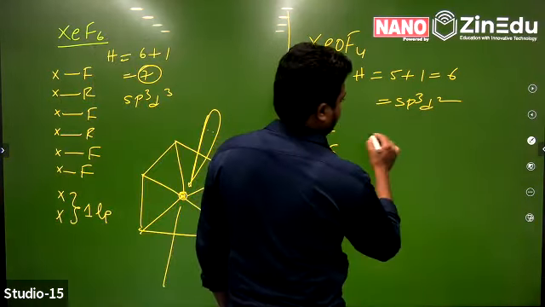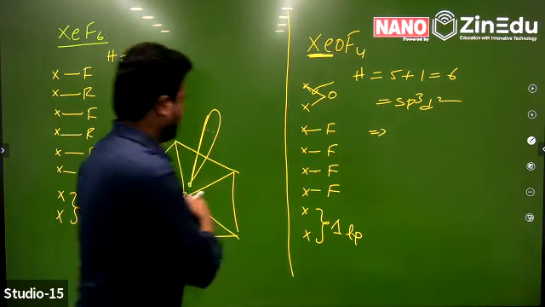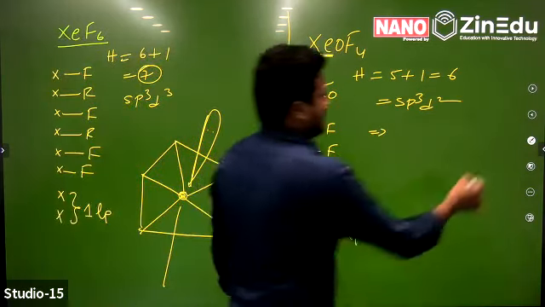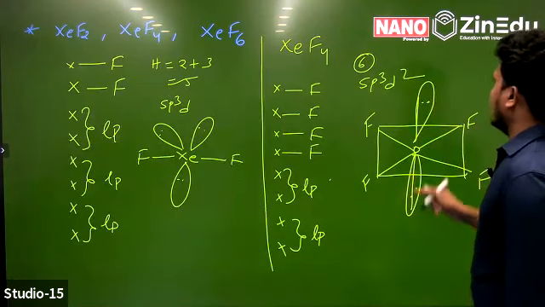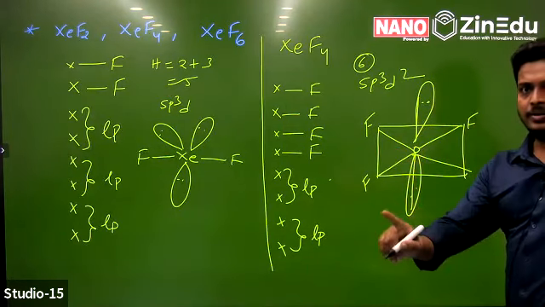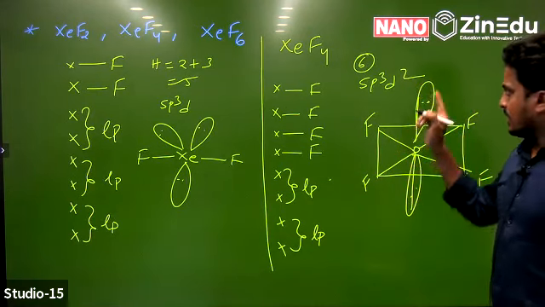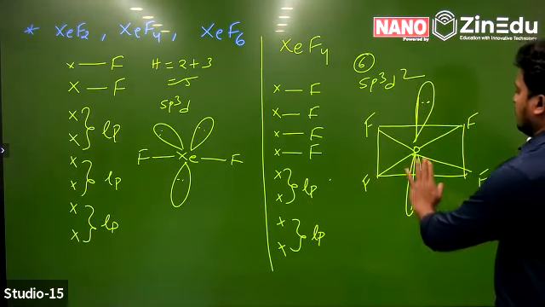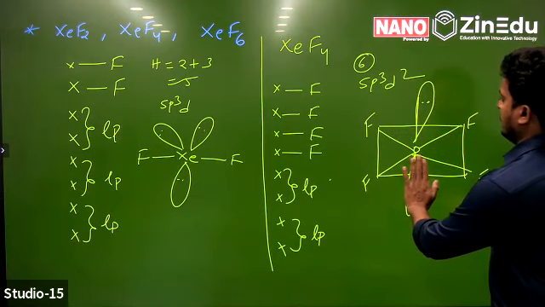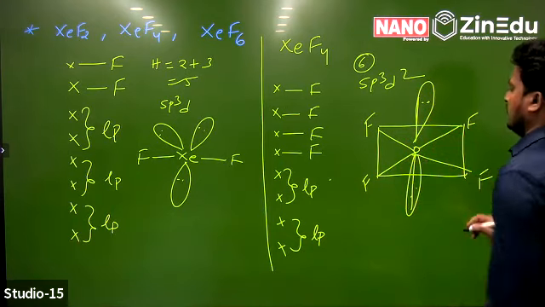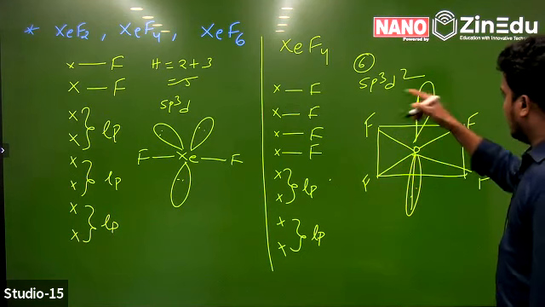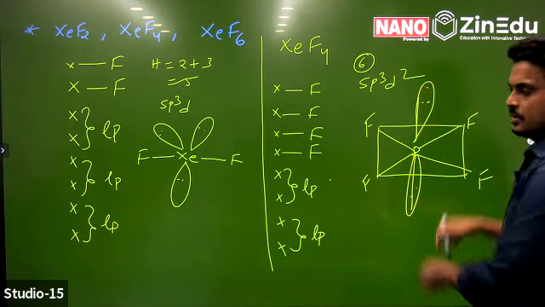Actually, sp3d2 with 0 lone pairs gives octahedral geometry. sp3d2 with only 1 lone pair is square pyramidal. sp3d2 with 2 lone pairs is square planar.